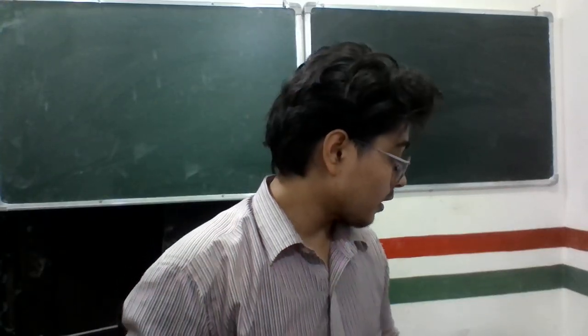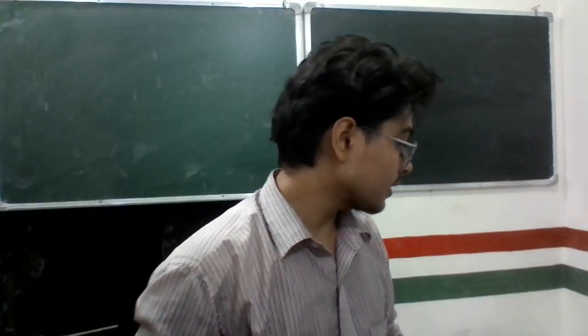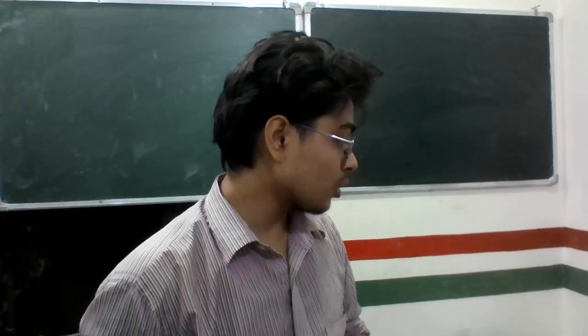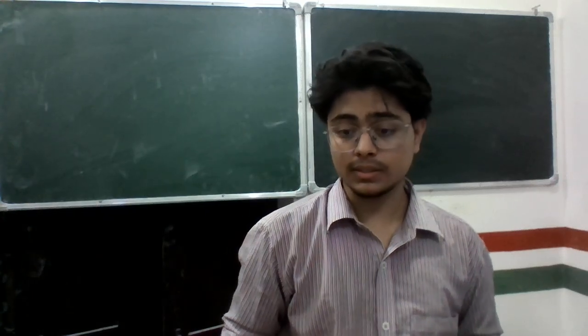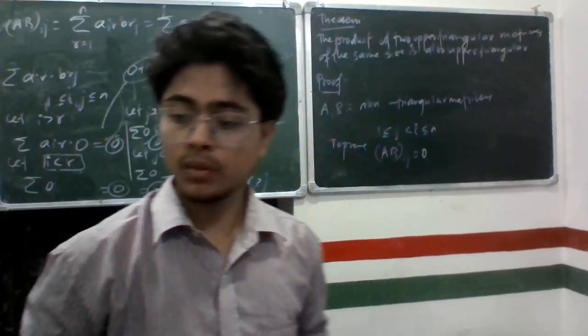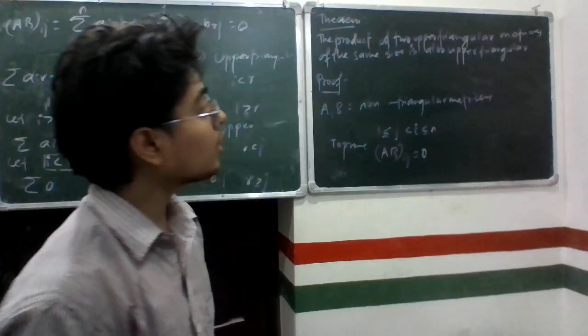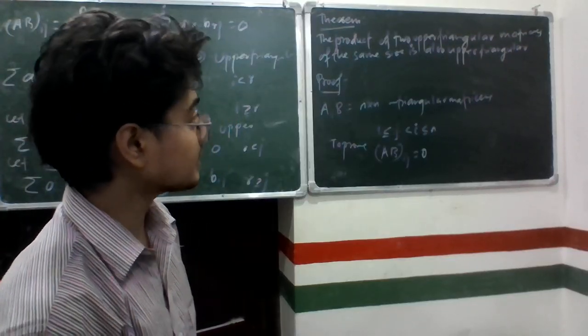Now there is another theorem that I want to prove, and that is the product of two upper triangular matrices of the same size is also an upper triangular matrix. Again, it seems trivial, but let's see that, okay? Maybe we find something interesting.